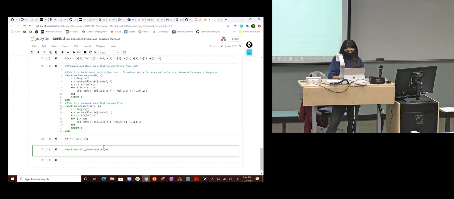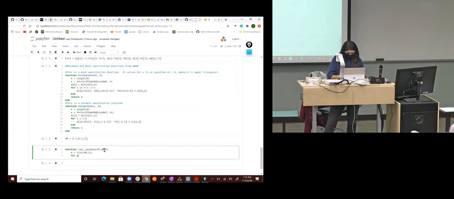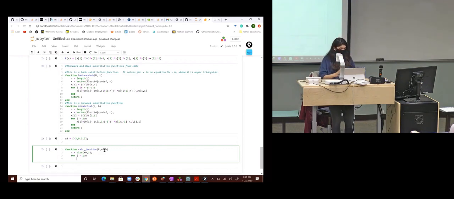So first thing is I want to get n equals the size of x naught, number of rows is 1. Then there's n variables. So here in this case there were 3, df x1, x2, x3. For i equals 1 to n, you want to loop over all the different variables.